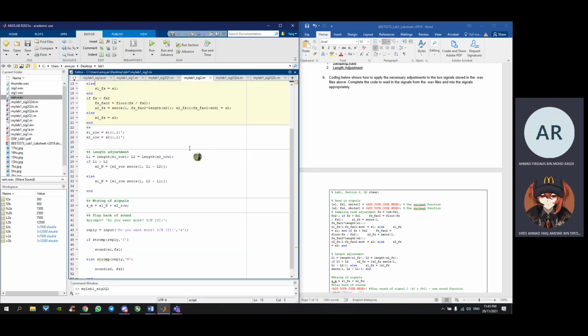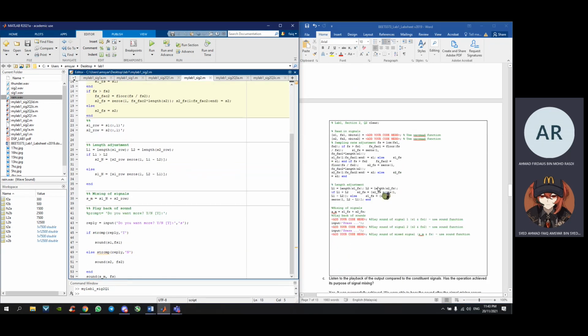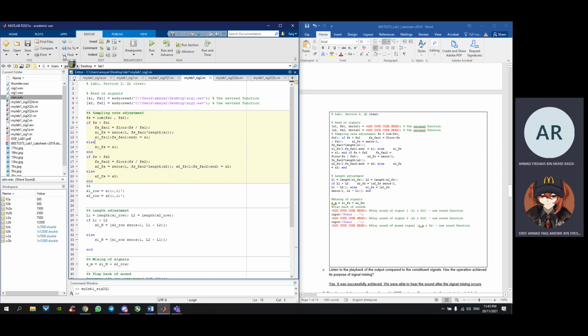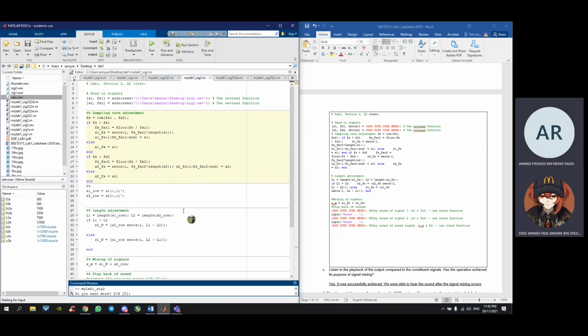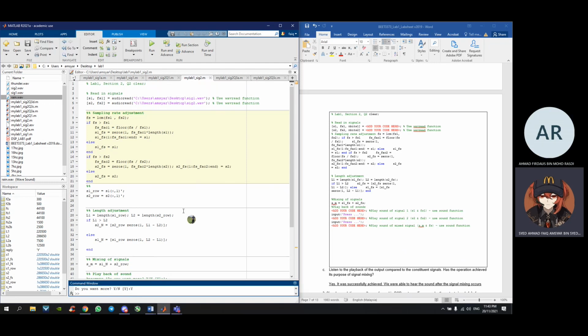So this is our complete code. We're going to save and run.